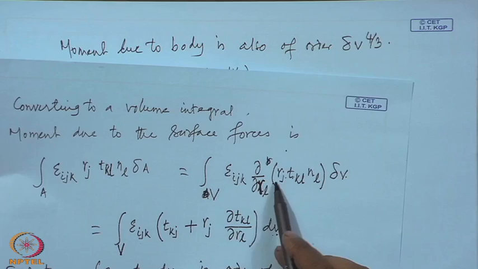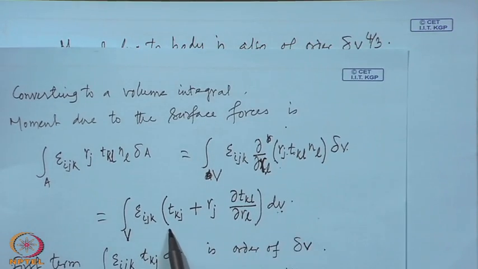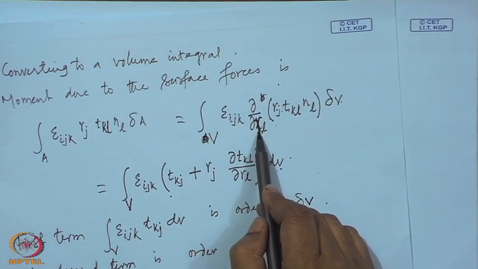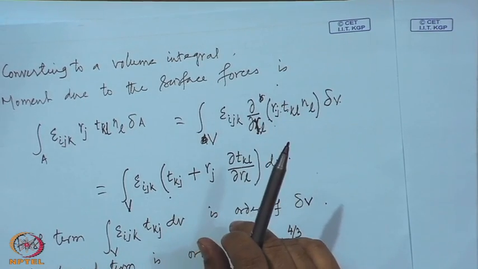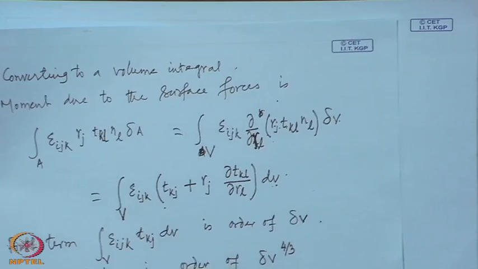The way we have got this first term is simply by differentiating r j with respect to r l, and r j when differentiated with respect to r l is 1 only when j and l are the same. For j and l different, this becomes 0. So, they vanish. Okay. So, only the T k j part remains.